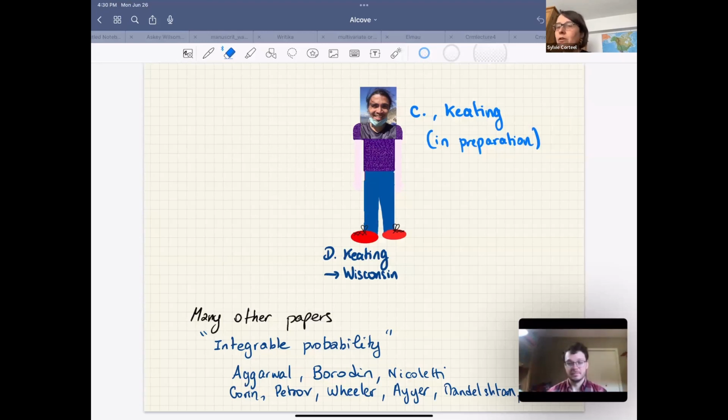So even though I might not say their names over and over, we are not the only ones doing that. I was last week at a Simons Foundation conference about that, and it's a very active field. So don't think that whatever I'm telling you is only my ideas. It's going on from many, many people.